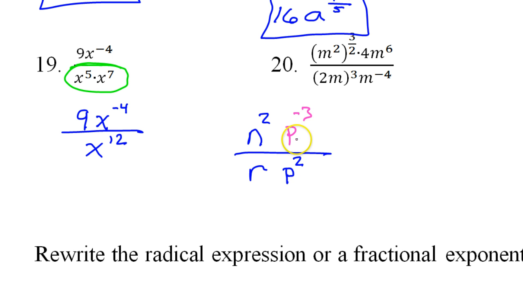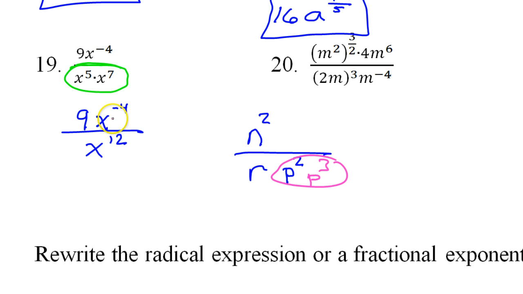A negative exponent means that this expression is on the wrong side of the fraction and needs to be moved. So this p to the negative 3 power would have to drop down here and become p to the positive 3 power once you move it. So that would move down and become p to the third power. And then you could finish the problem and this would become p to the fifth power. So that's what's going to happen here.